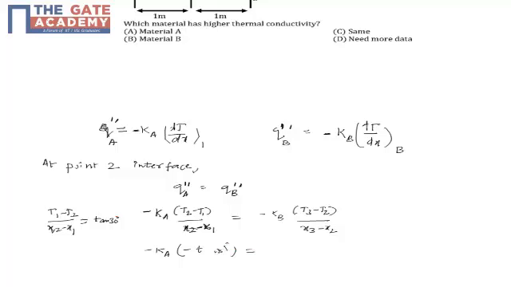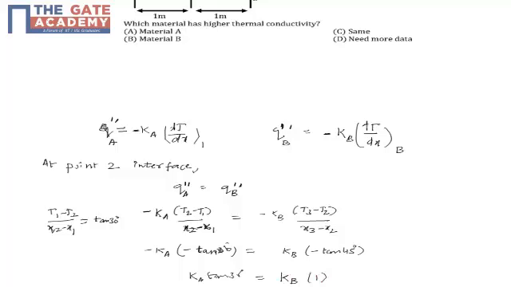Now I am just providing you a mathematical solution, but physically also, without doing all this, you can just get to the answer. We'll see in a bit. And minus Kb. The second one is minus tan 45 because T2 minus T3, T2 is bigger, so T2 minus T3 by H3 minus H2 is tan 45. So by this we come to know that Ka tan 30 is Kb tan 45, which is 1.